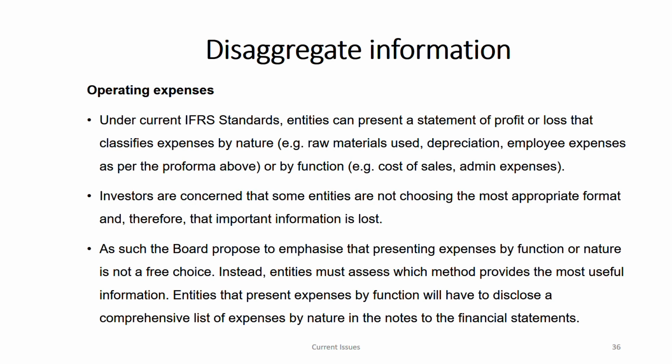So even if you present expenses by function on the face of the statement of profit and loss, when you make the notes to the financial statements, there you have to write a list of all the expenses by nature so that they can verify that admin expenses have 6 costs. How do we get those 6 costs? From the notes.